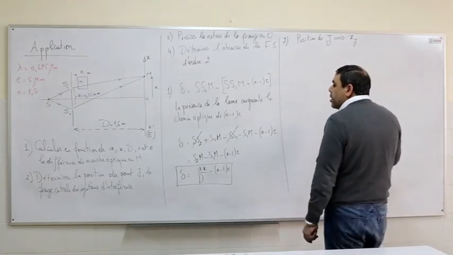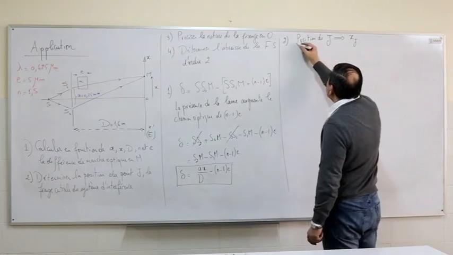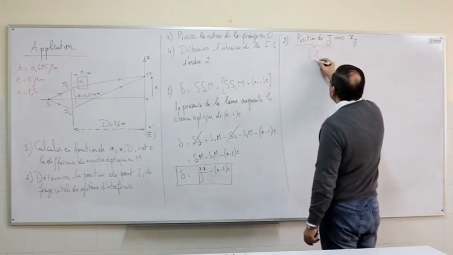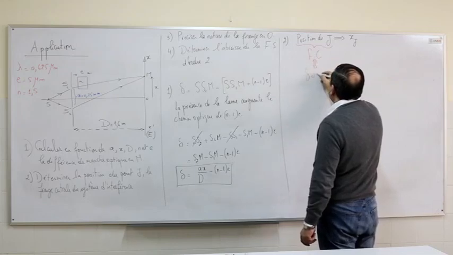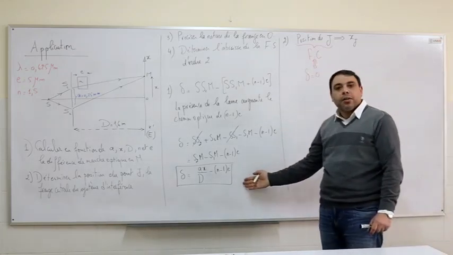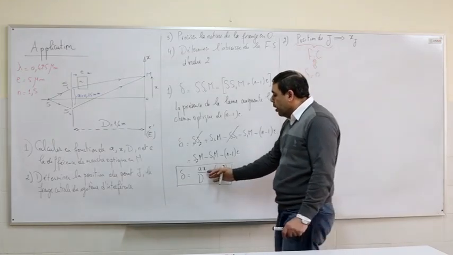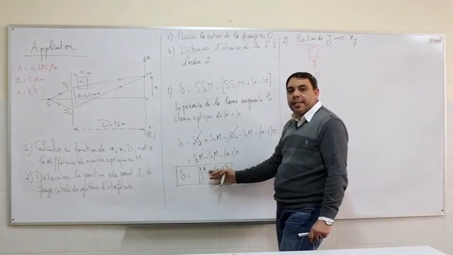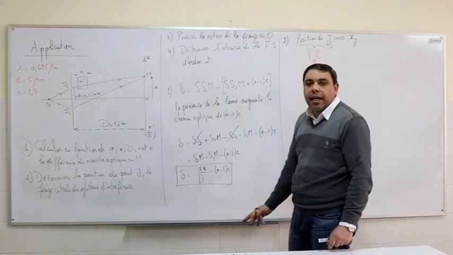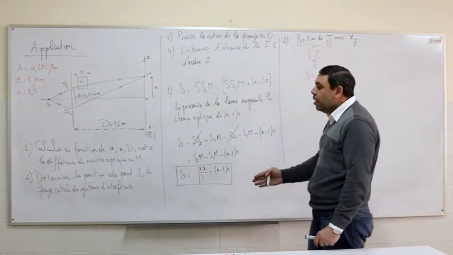Note that J is the position of the central fringe, and the central fringe is defined by an optical path difference of 0. Here's the optical path difference. We need to find the abscissa that corresponds to delta equals 0, which is that of the center of the central fringe.